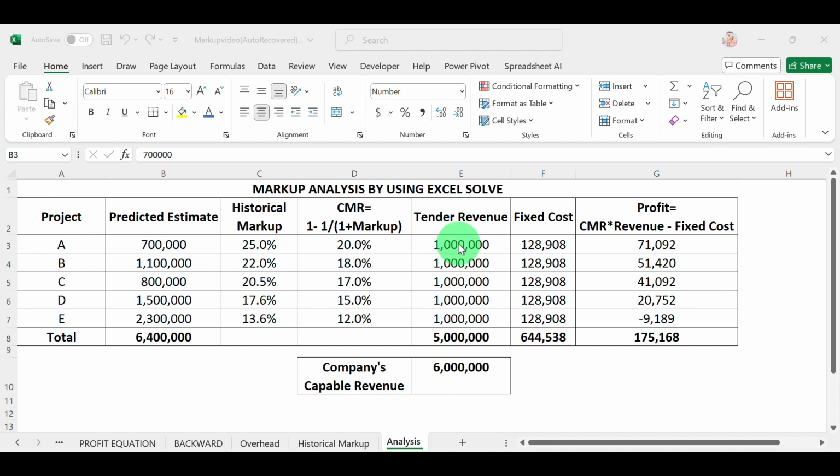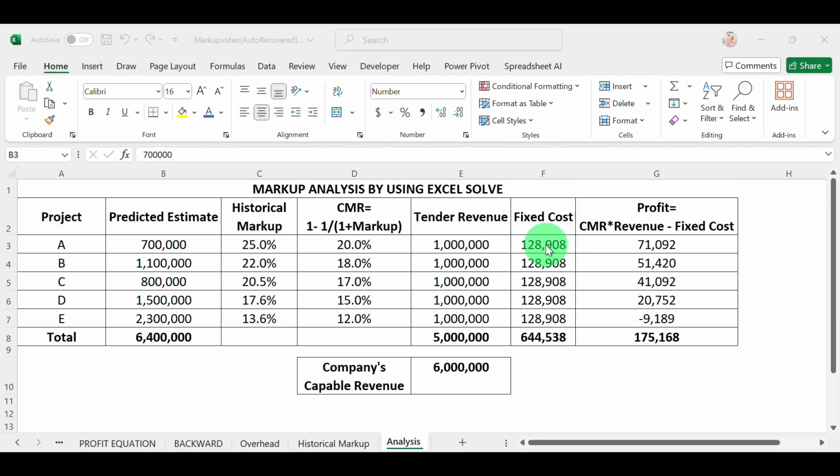Right? This we put for, I mean the estimate only is a variable, or a range of variables we have to calculate using Excel Solver.